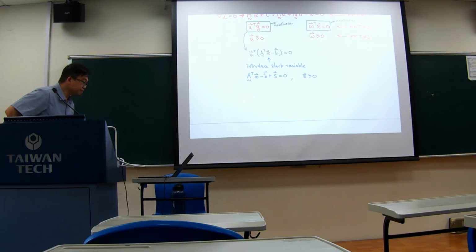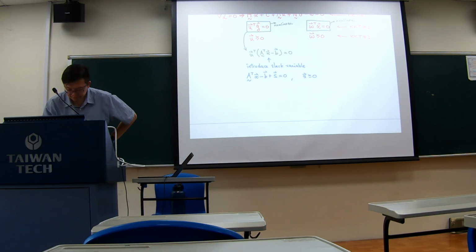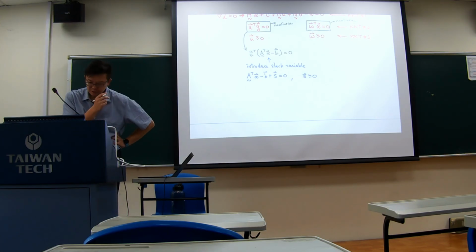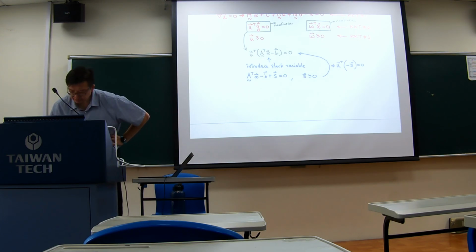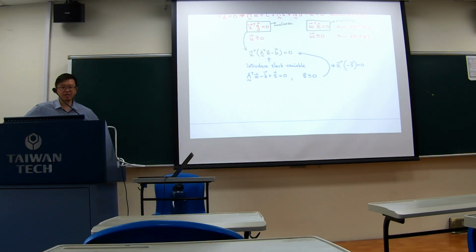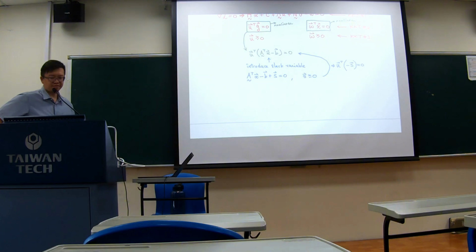So when we do that, we can then plug back in. So we end up with u and over here minus s equals 0, because Ax minus b equals negative s. Right? You just plug in.